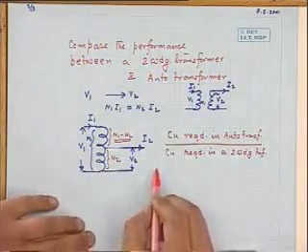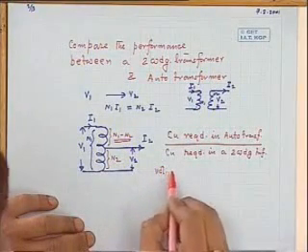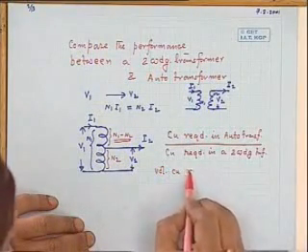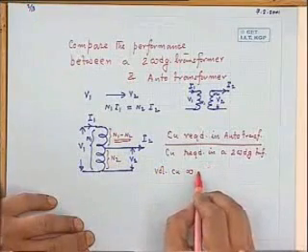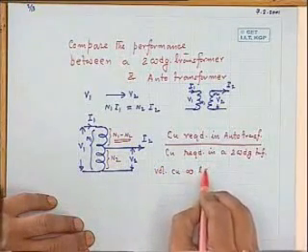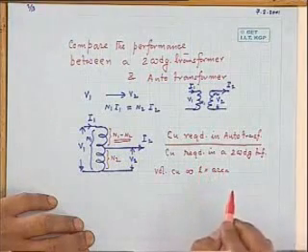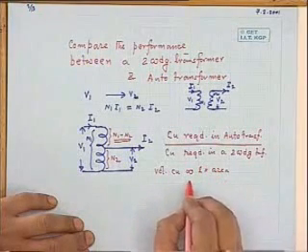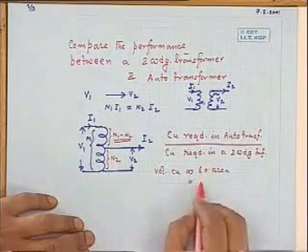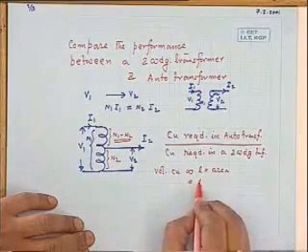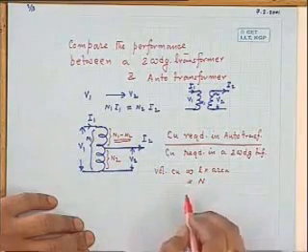Number of turns. So we can say that the volume of copper will be proportional to length into area, length of copper into cross sectional area of copper. But length is proportional to the number of turns.